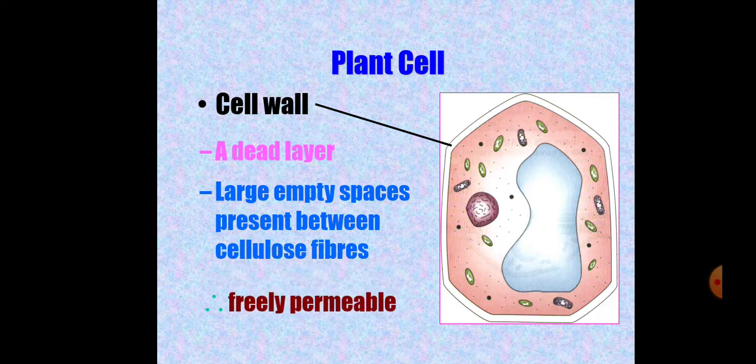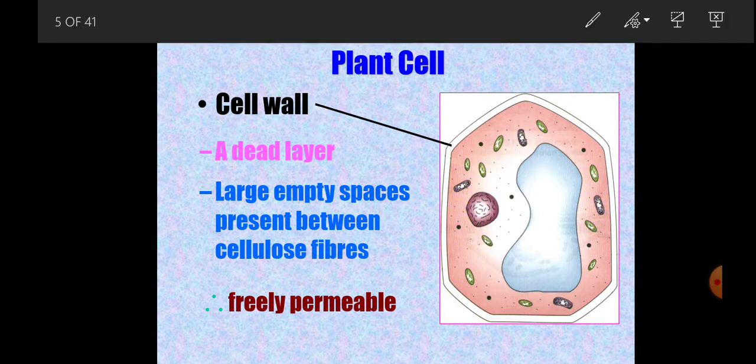So a plant cell having a cell wall, this particular cell wall is said to be freely permeable. Freely permeable means that all substances can get in and out of this particular cell, no matter the size, no matter the substance. The next neighboring membrane is called a cell membrane. The difference between a cell membrane and a cell wall is that a cell wall is freely permeable, but a cell membrane is semi-permeable.